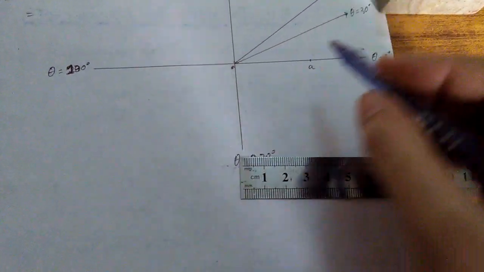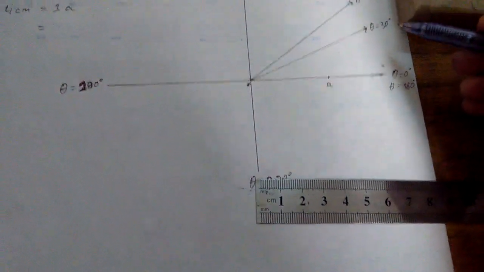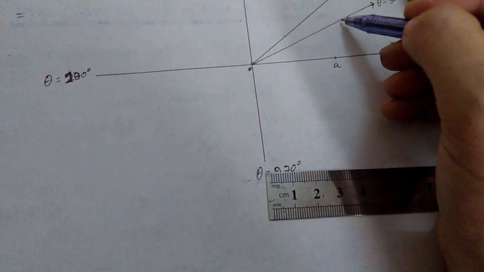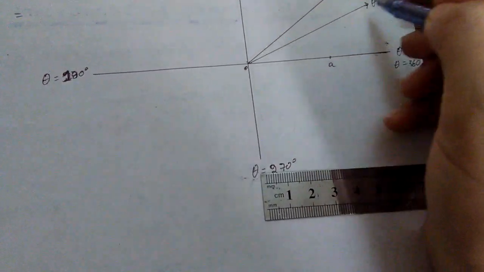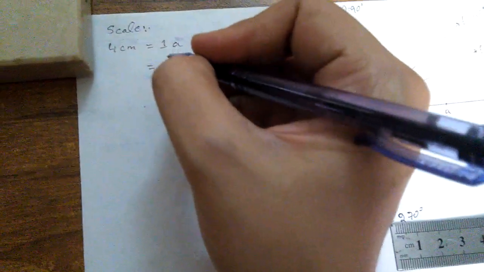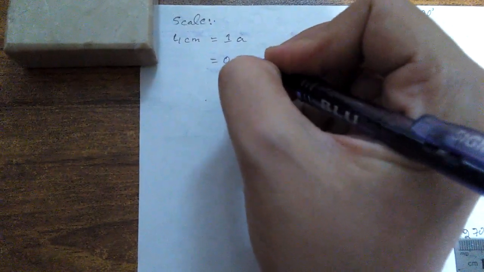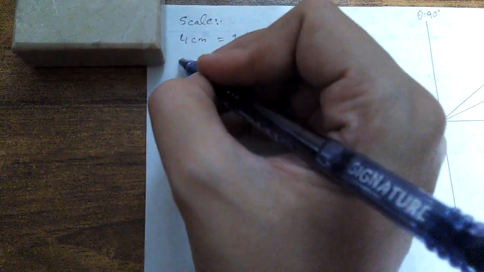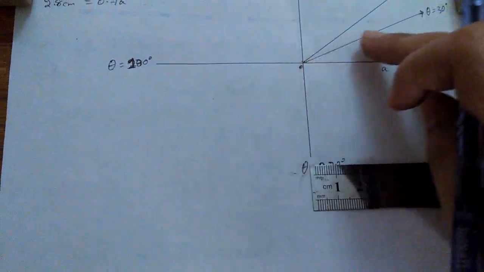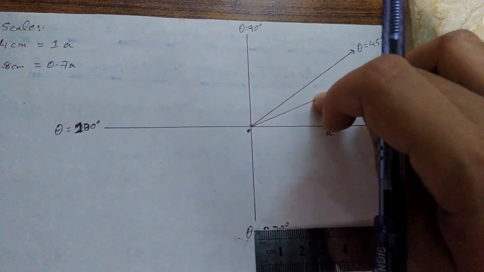Now for theta equals 30, the value of r was 0.7a. So where am I going to put my point on this ray representing the radius? If I multiply both sides by 0.7, then 0.7 into 4 gives you 2.8 centimeters. So from 0, I'm going to measure 2.8, and that will be my point.